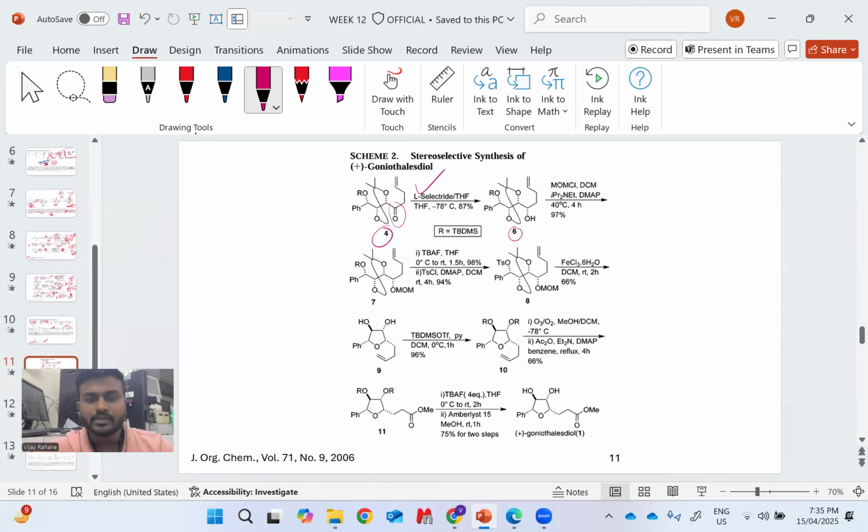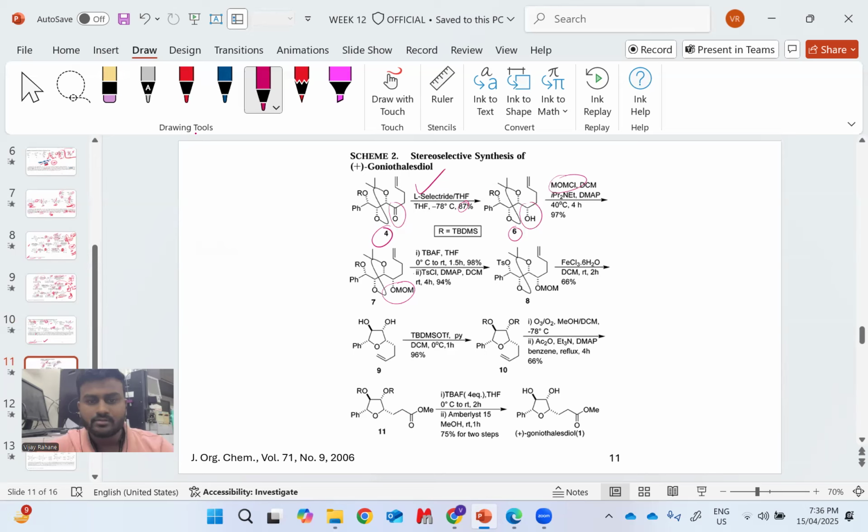This ketone is converted into a hydroxy group by using this L-selectride, and it gives the first step in 87% yield, and the reduction is quite stereoselective. Further, this hydroxy group is again protected using MOM chloride, that we have already seen, and initially it is protected.